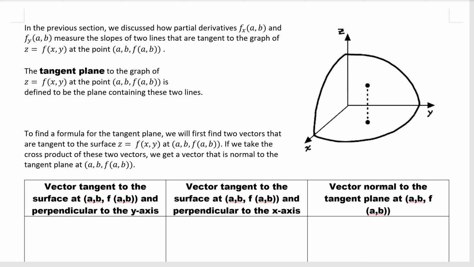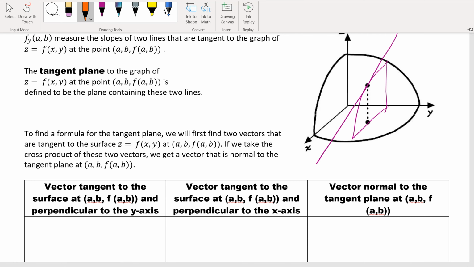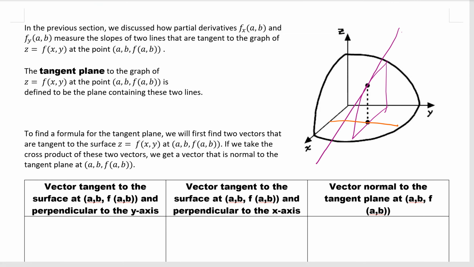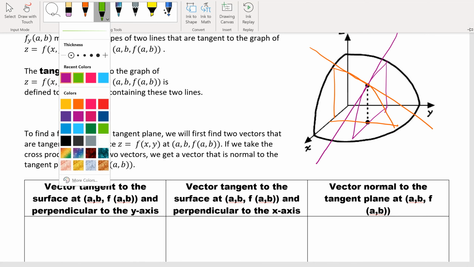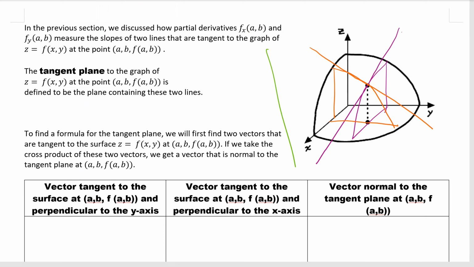We have this plane intersect, and we get this tangent line, right? And we also have this plane intersect, get this curve, and then we get a tangent line over there. Those two lines give us a plane, and this is the tangent plane.